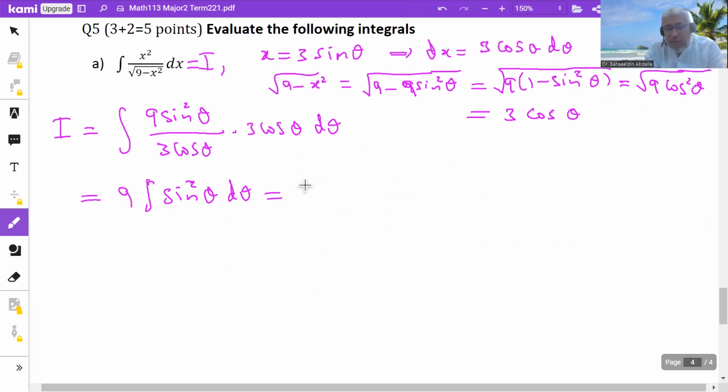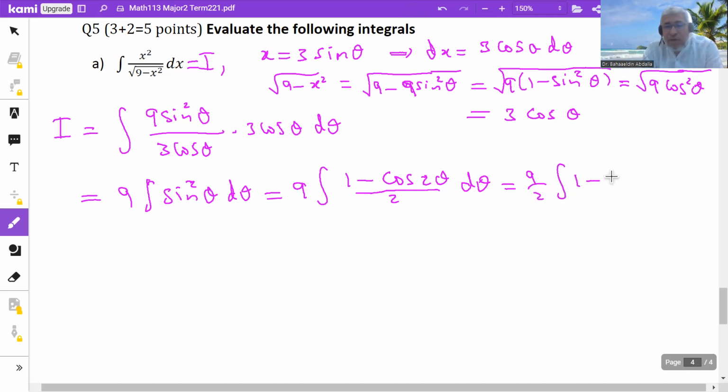How to deal with sine squared? We know from section 7.2, we write it using this formula. We change it to 1 minus cosine 2 theta over 2. This is a formula. I can take the 2 outside, so I'll have 9 over 2, and I need to find the integral of this function.